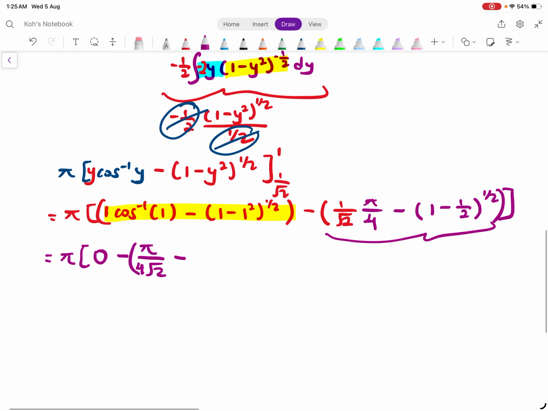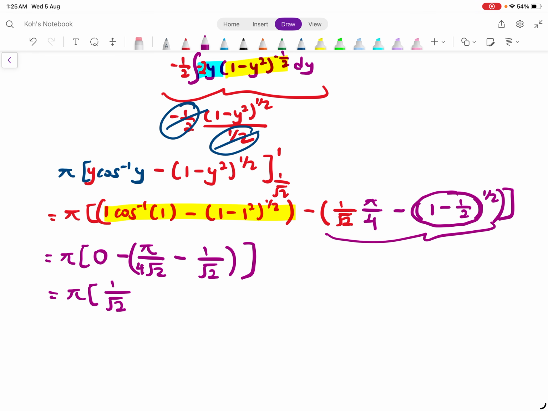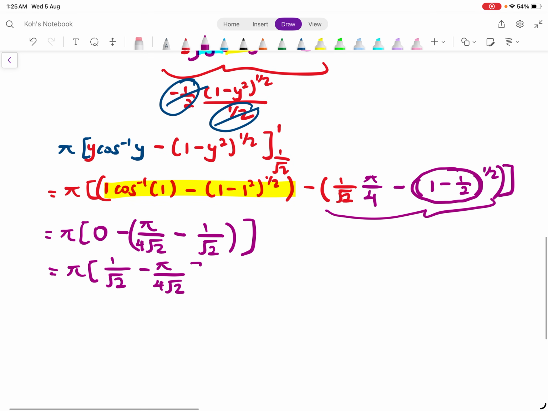So it's half here, then you to the power of half again. So it's half the whole thing square root. It's as good as saying 1 over root 2. So it's minus 1 over root 2, close the square bracket. So this will become pi bracket, and then I just do a bit more simplification: 1 over root 2 minus pi over 4 root 2, and put a square bracket.